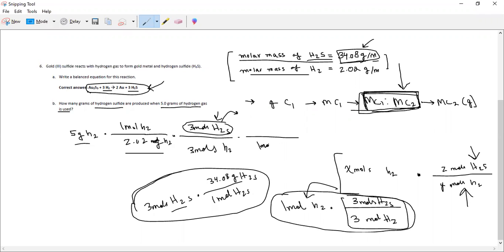And 1 mole of H2S cancels out with moles of H2S. And you want to be left with grams. So you write your grams, and that would effectively cancel out and get you a particular answer, which in this case would be 84 grams of H2S.